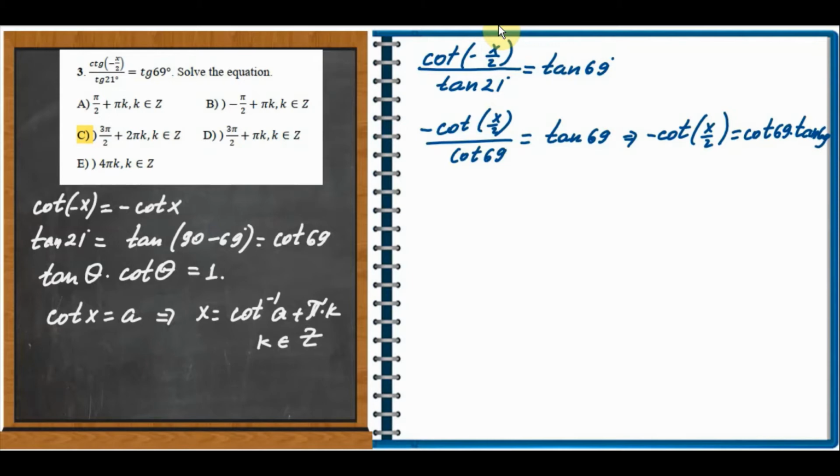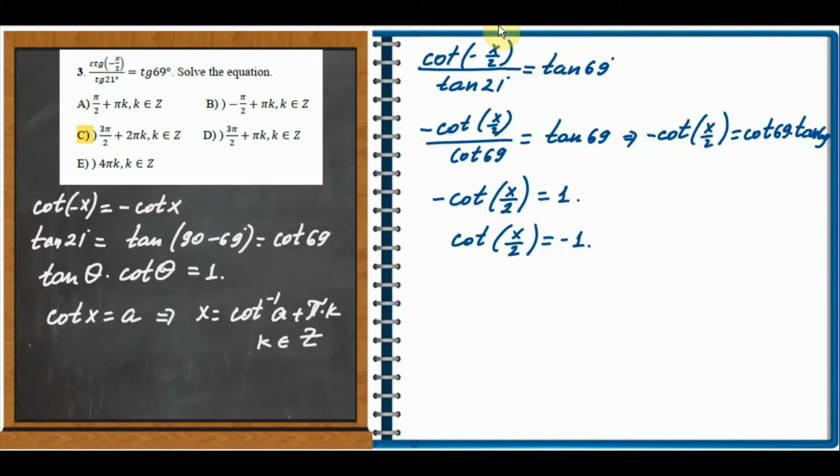Now, we know that the product of cotangent and tangent is 1, since they have same argument. So this is 1. We will write cotangent x over 2 equals negative 1.